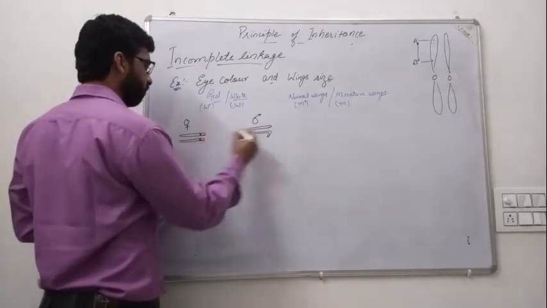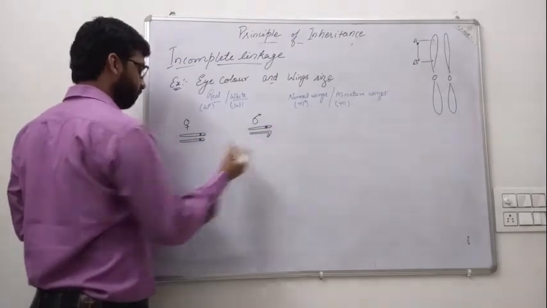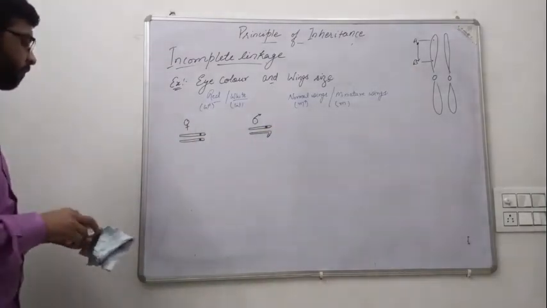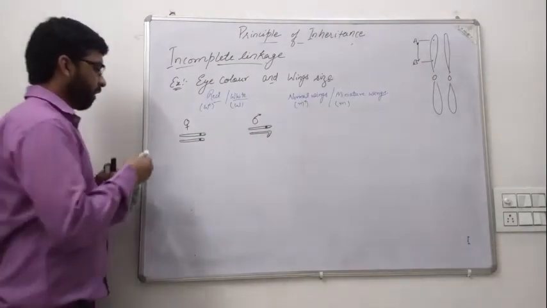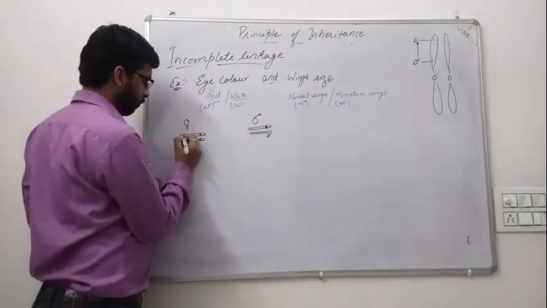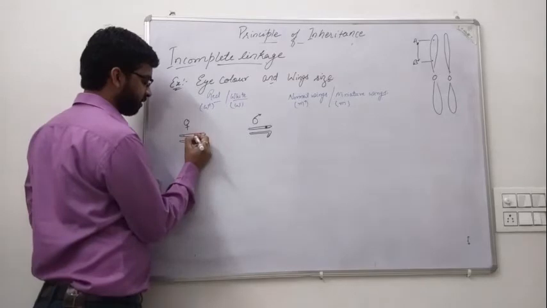This is the centromere of the chromosome, and one gene is present on this side and another gene on this side.